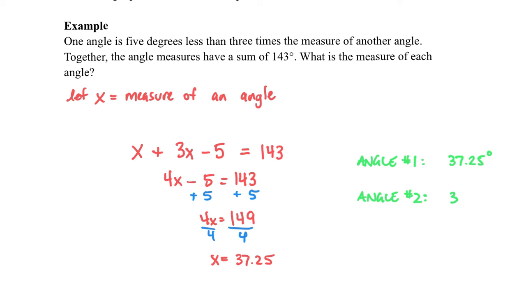I'm going to do 3x minus 5 for this one. So angle number 2 is going to be 3 times 37.25 minus 5, which gives me 106.75. So there's your angle 1, and there's your angle 2.